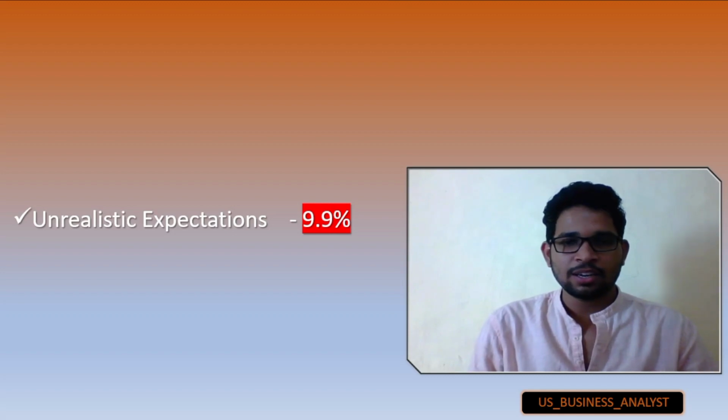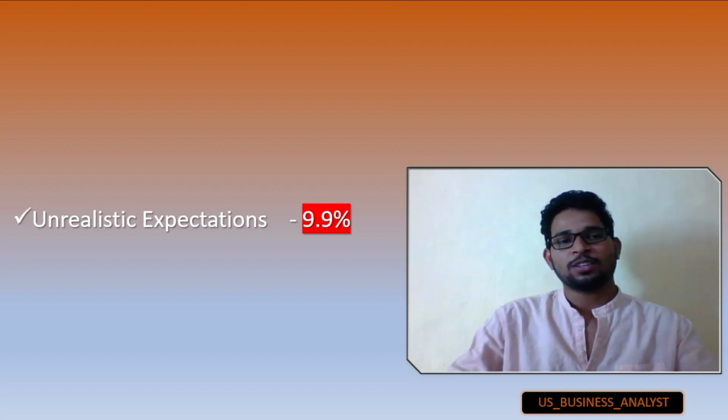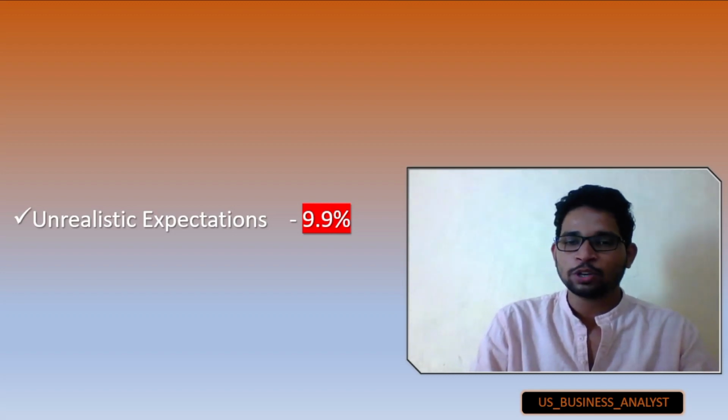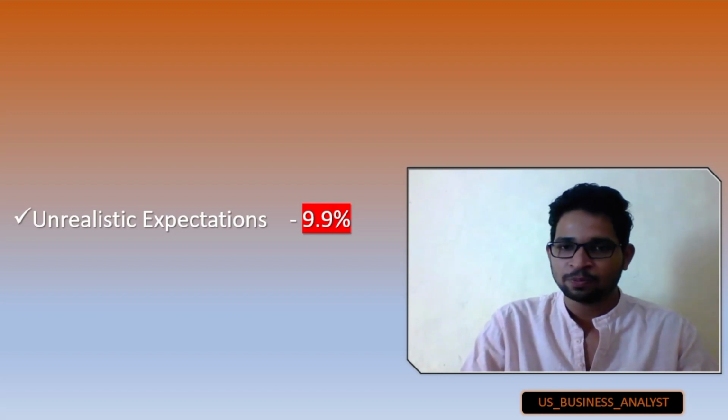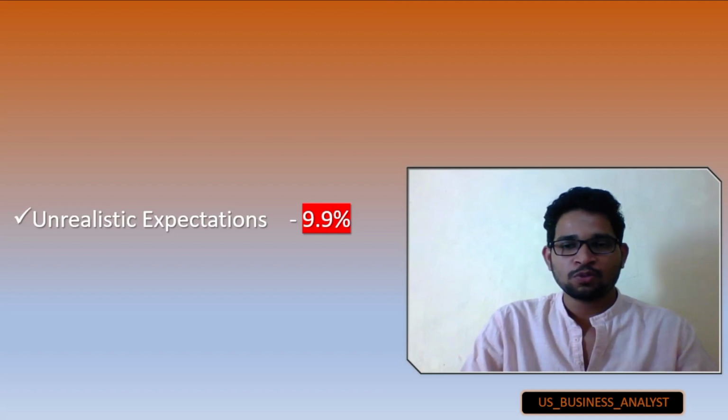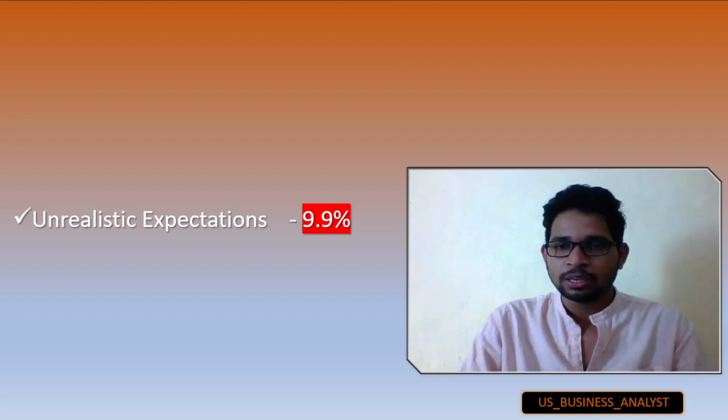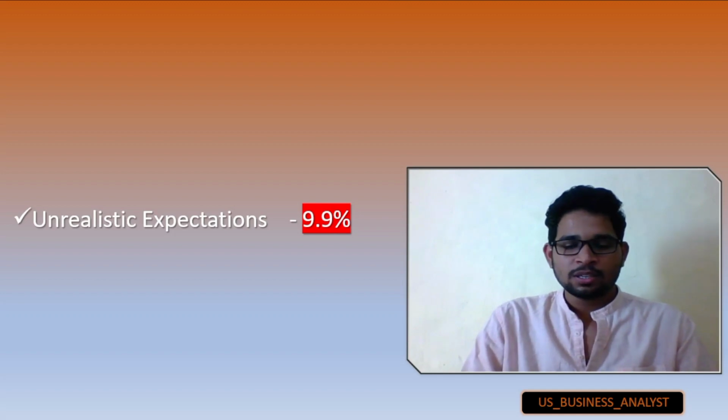The next thing is unrealistic expectations. It's a very usual thing. We are humans, and we have many expectations from the product and from the customers. As a business analyst, we need to focus on what the expectations are and what boundaries we need to stay within.